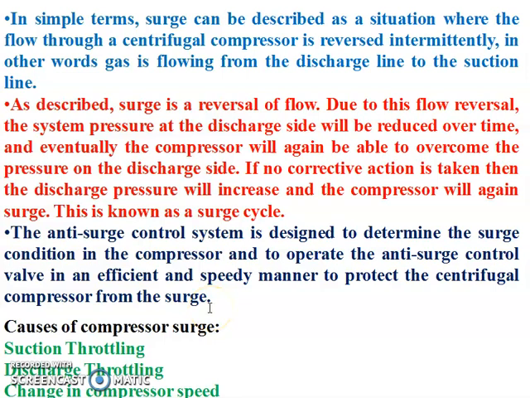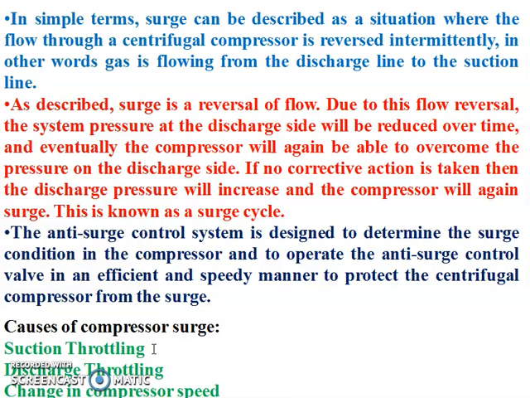And what are the causes of surge? There are three causes in the centrifugal compressor. First is suction throttling, meaning if there is throttling, there is no sufficient air pressure or vapor pressure at the suction line, so at that time there may be a chance of surge.